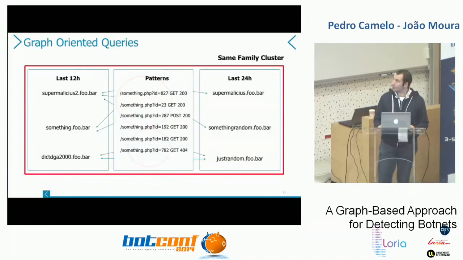So we used the neural network to group all this information together. Here you can see that even without intersecting by connection, we can group the same types of malware by pattern. So we find the family cluster.